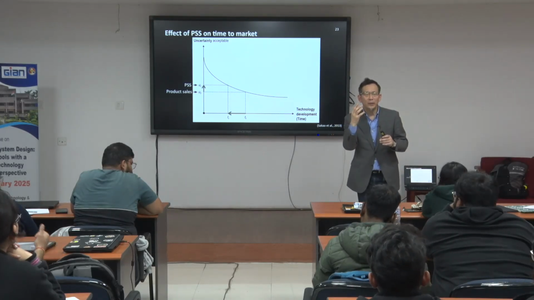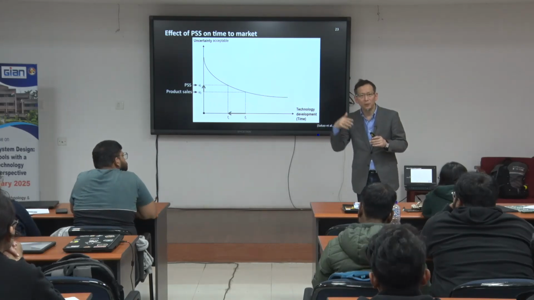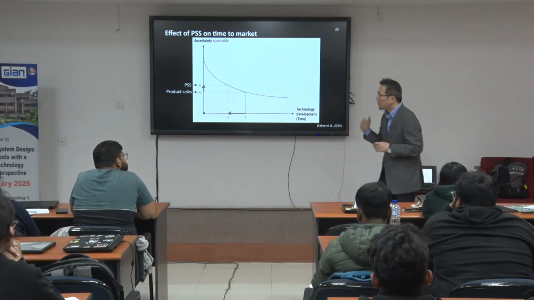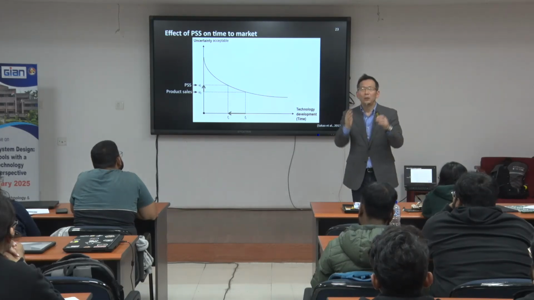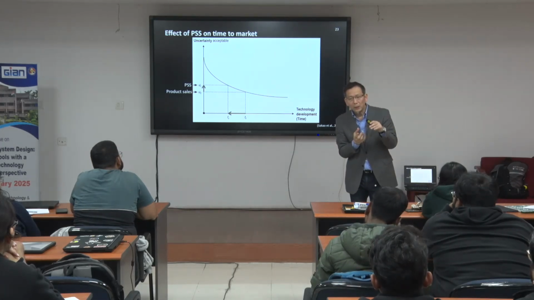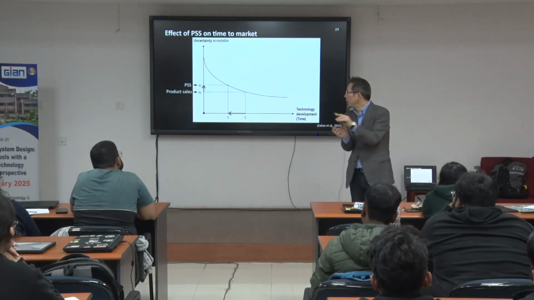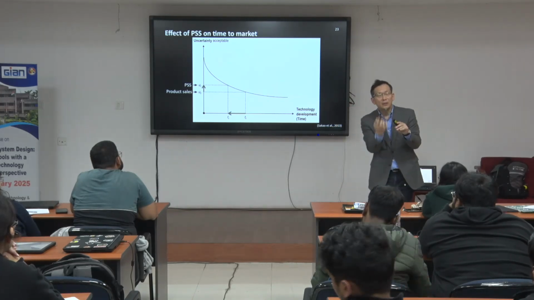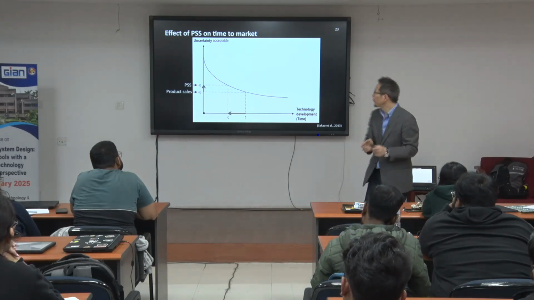When something uncertain happens, that is almost always a risk for the product manufacturer. But as I explained, in the case of PSS, because you as a provider have a continuous relationship with your customer, such an uncertainty can be an opportunity for your business.